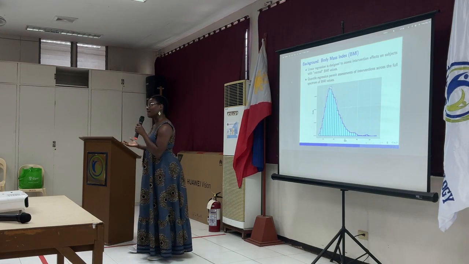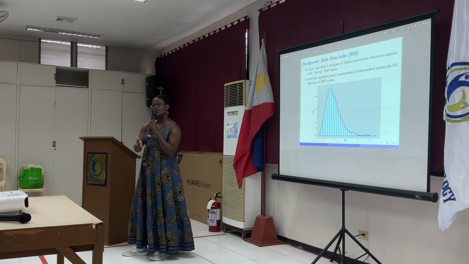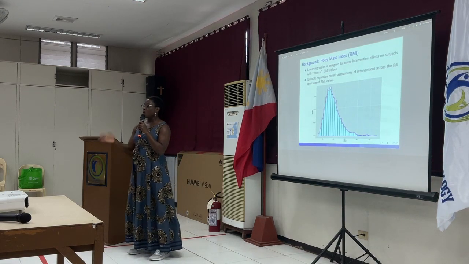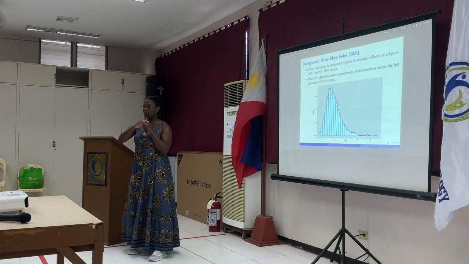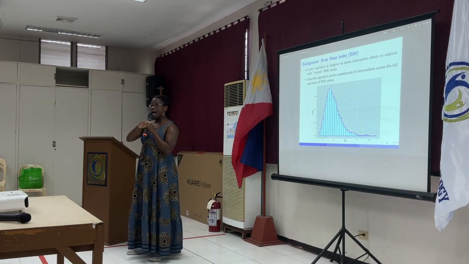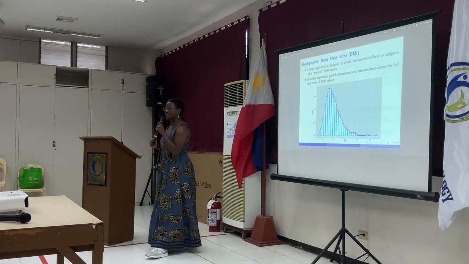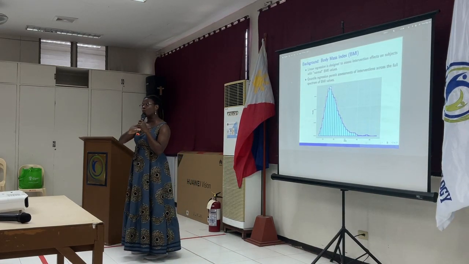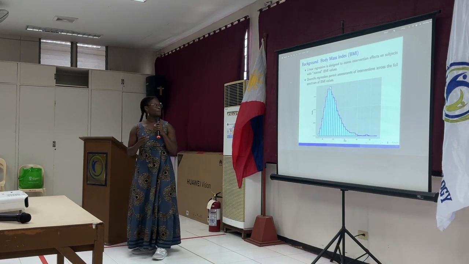And at the same time, even individuals on the lower end, we want to know what's going on with them as well. So quantile regression, as Dr. Zoe talked about earlier, allows us to look at how different things we're interested in, behavioral interventions for example, influence the full distribution of our outcome.